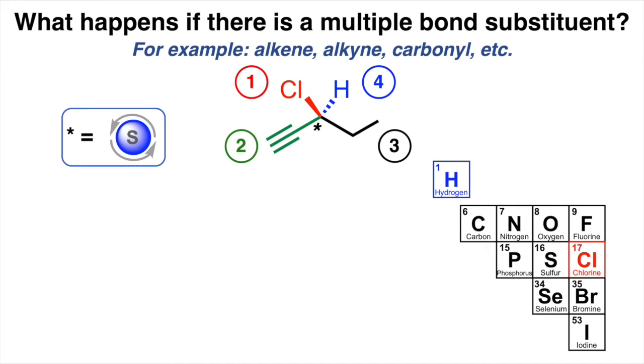So with that, we can label the alkyne as priority group number 2 and the ethyl as priority number 3. Since our lowest priority group, the hydrogen atom in blue, is already pointed towards the back, we don't need to rotate our molecule anymore. And lastly, if we look at the direction of the first 3 priority groups, we see that their configuration is going counterclockwise. That means that this chiral center is S.